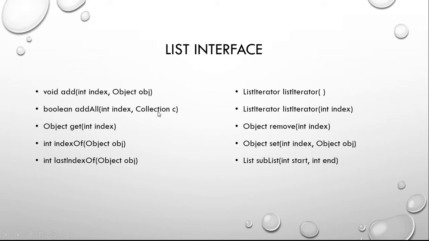We can add multiple objects using the addAll method at a particular index. This get method we can use to get the object from a particular index, and similarly some more methods.